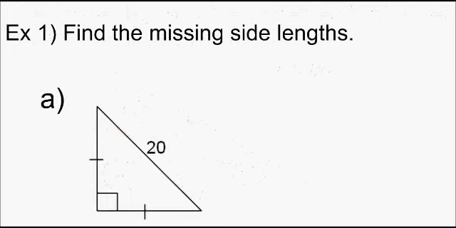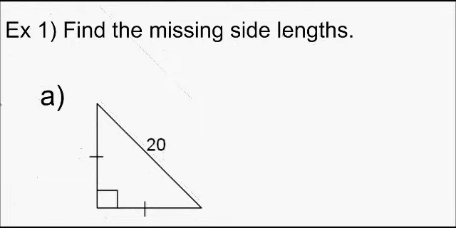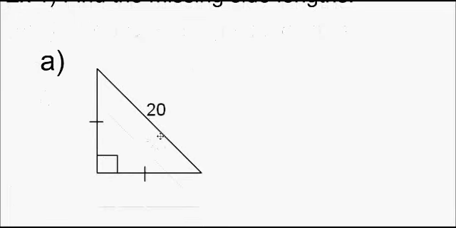Okay. Example 1, we want to find the missing side lengths, and I have 3 parts to this. Okay, so find the missing side lengths. Well, this is a 45-45-90 triangle. How can I tell? These two marks tell me that those side lengths are equal, which means that the angles opposite them are also equal.